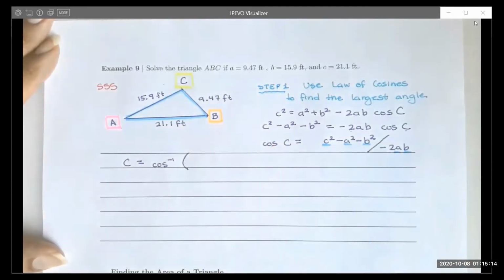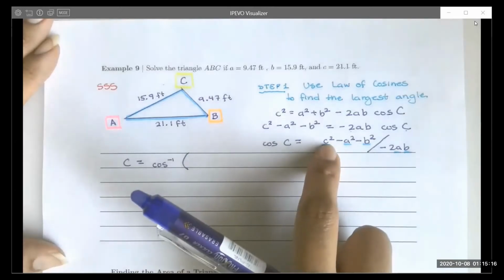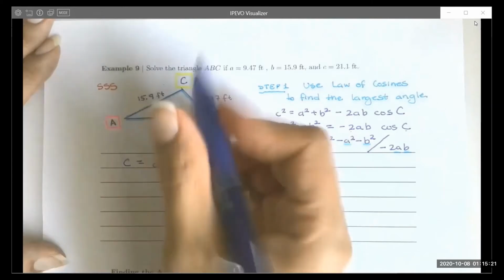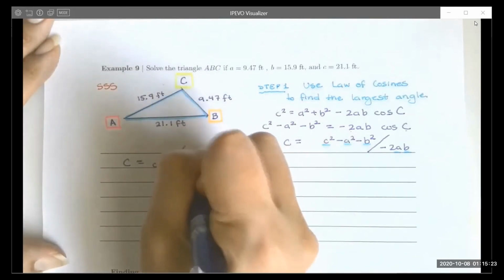So let's actually plug it in at this point. We said we have C squared. Maybe I'll take up 2 lines, that way it doesn't get too messy.